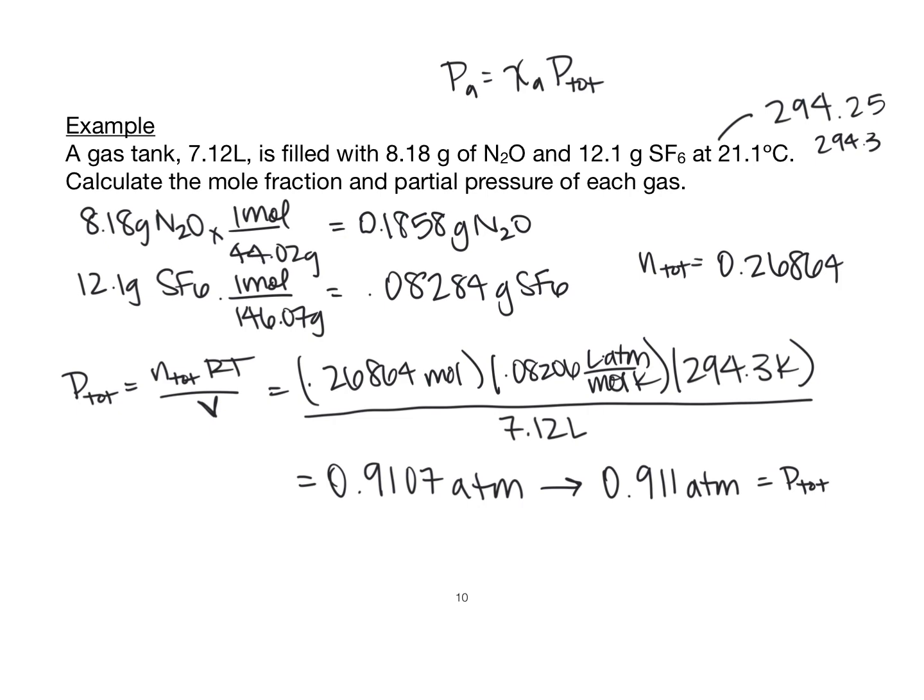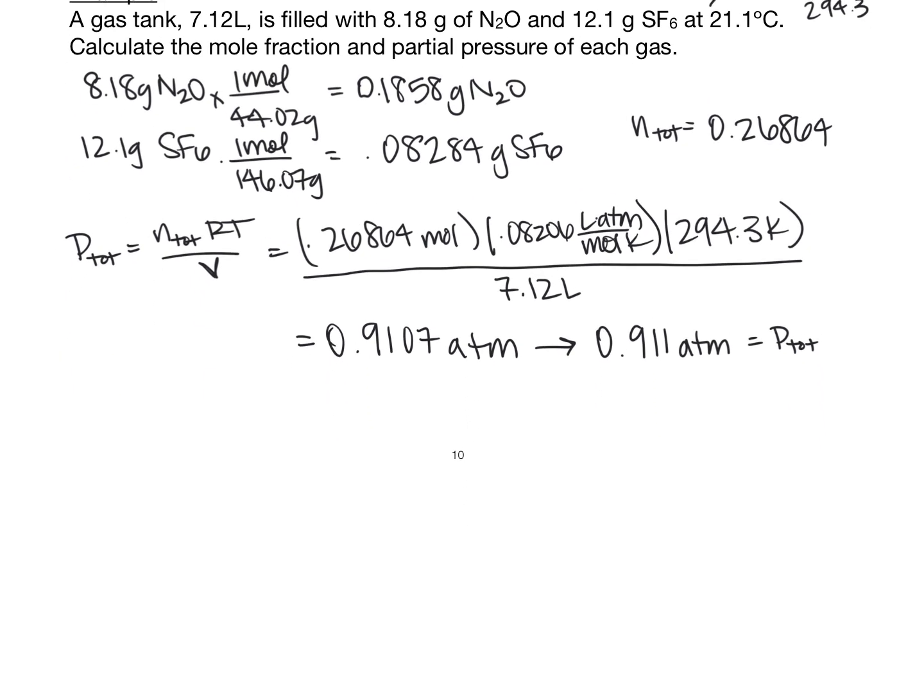So in order to calculate the mole fraction and the partial pressure, we are going to use, for N2O, P of N2O is equal to chi of N2O times P total. And in this case, we're asked for both the mole fraction and the partial pressure.